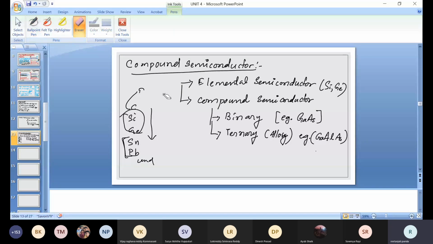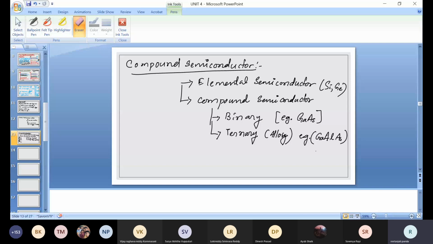But silicon and germanium cannot always be used, because of the limitations in their properties. Also, in silicon and germanium we cannot tune the energy gap.